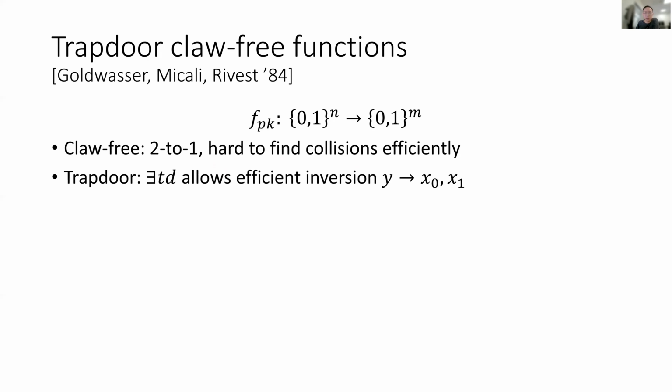And the trapdoor property says that when you are sampling the public key, you will also sample a trapdoor along with the public key, which allows you to invert this function for that particular public key. In particular, for any output y, using this trapdoor, you can efficiently recover the two preimages denoted by x0 and x1. And furthermore, we will also be going to use another property called adaptive hardcore bit, which I will not introduce for now.